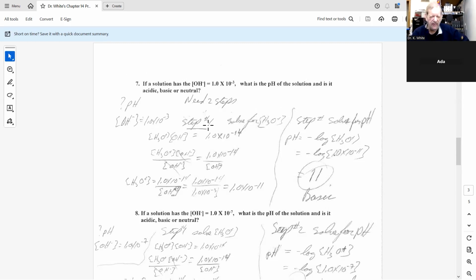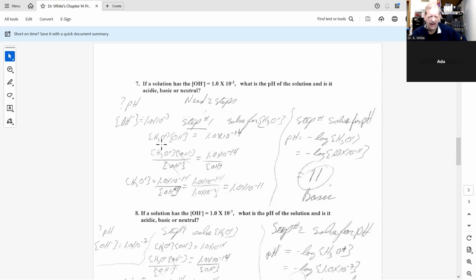In step 1, you solve to determine the hydronium ion concentration, H3O plus. And remember, Kw, named after me, I wish, is hydronium times hydroxide concentration equal to 1.0 times 10 to the minus 14.